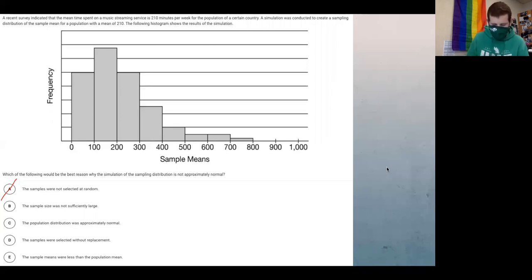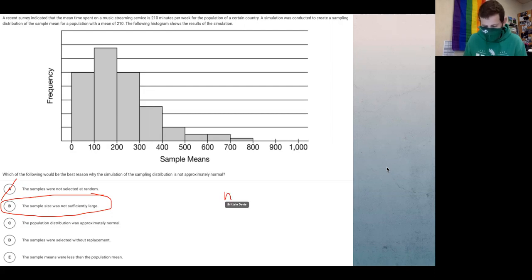I'm not going to read the other ones because remember, when you're dealing with proportions like we are here, these are means, I'm sorry. When you're talking about means, we have to make sure that the sample size is big enough.